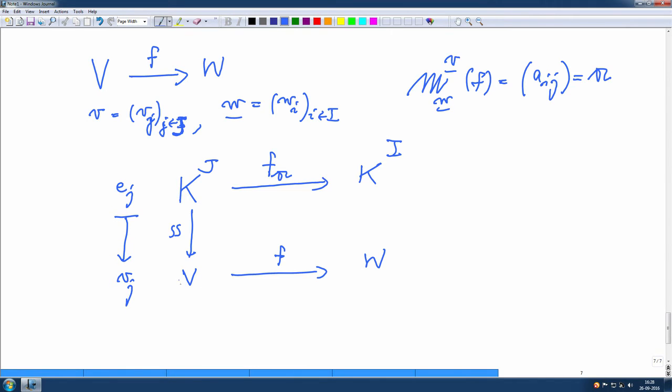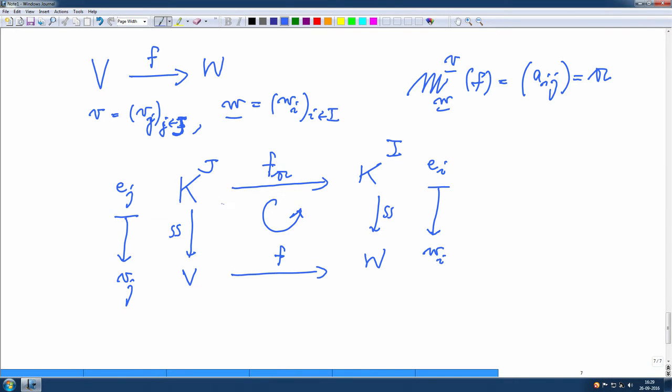Since Vj is a basis, this map is injective and it is surjective. Therefore, this map is an isomorphism. Similarly, this map is an isomorphism where the standard basis vector Ei goes to Wi. So, this is the given linear map F, and this is what we have defined.